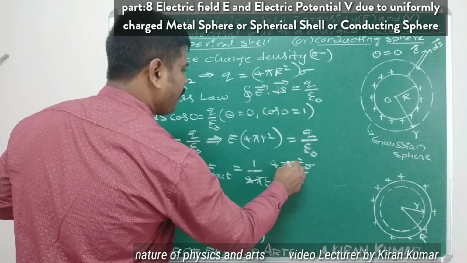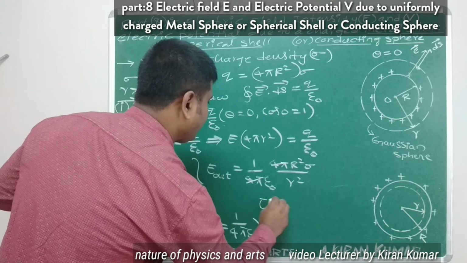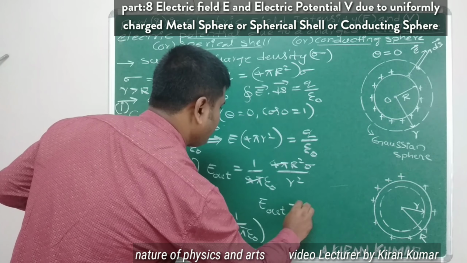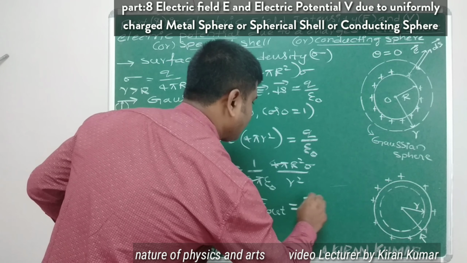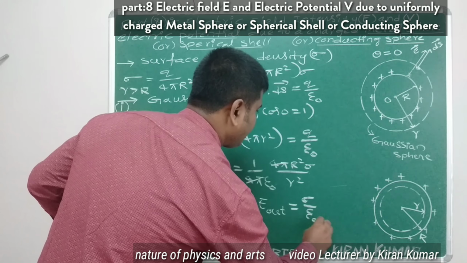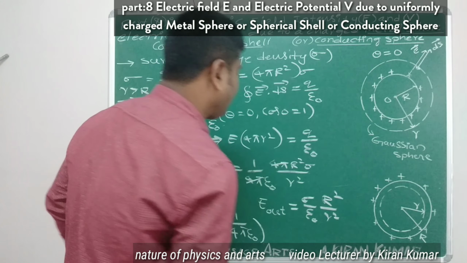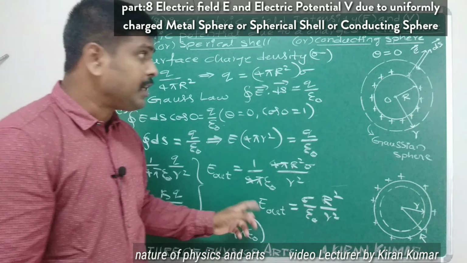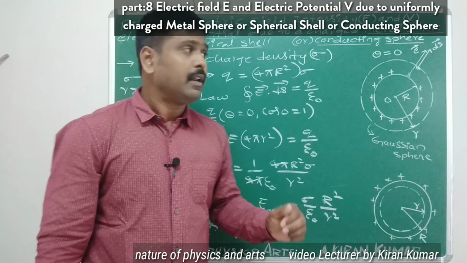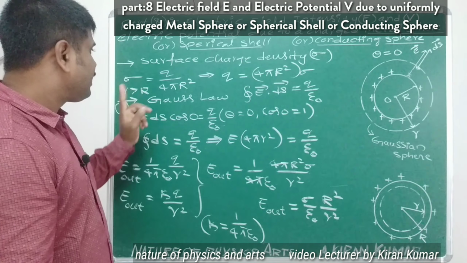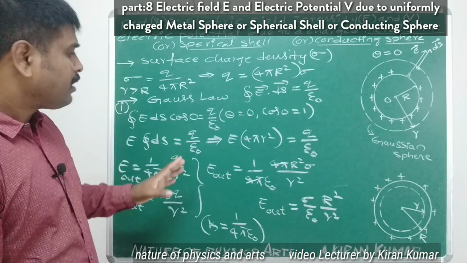The 4 pi gets cancelled, so E out is equal to sigma divided by epsilon naught, capital R square divided by small r square. This is the electric field intensity outside the spherical shell, that is small r greater than capital R.